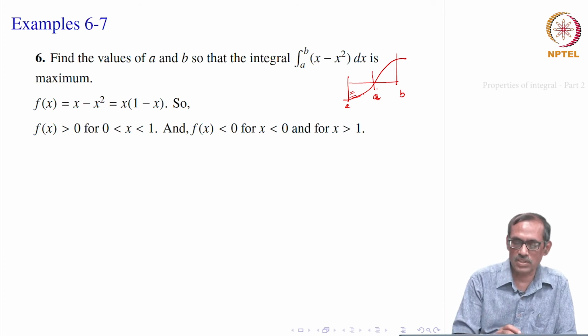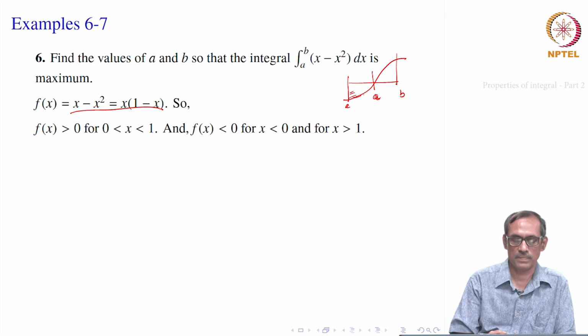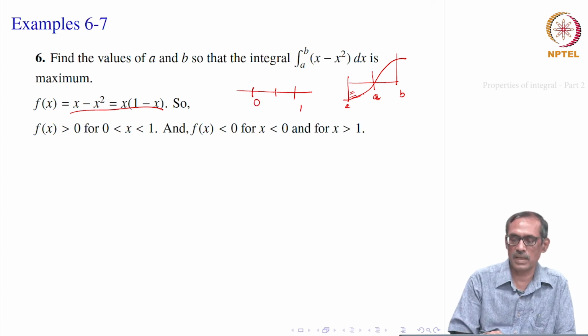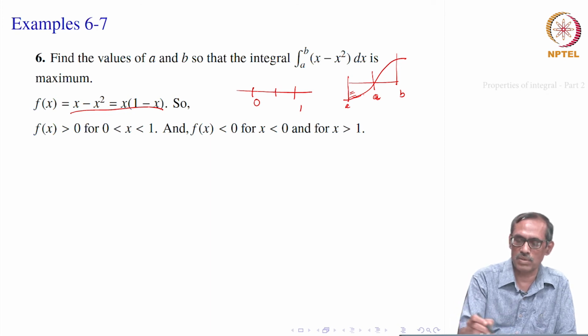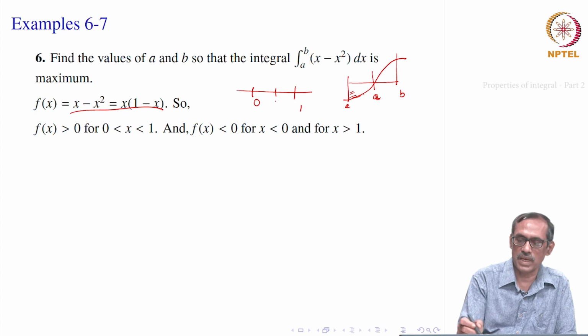So, suppose f of x is bigger than 0 somewhere, then we can choose our a like this. But for this function, where is it bigger and where is it smaller than 0? This is x into 1 minus x. If you take 0 here, 1 here, and take any point x in between 0 and 1, then one of the factors is x minus 0, another is 1 minus x, and both are positive, so their product becomes positive.